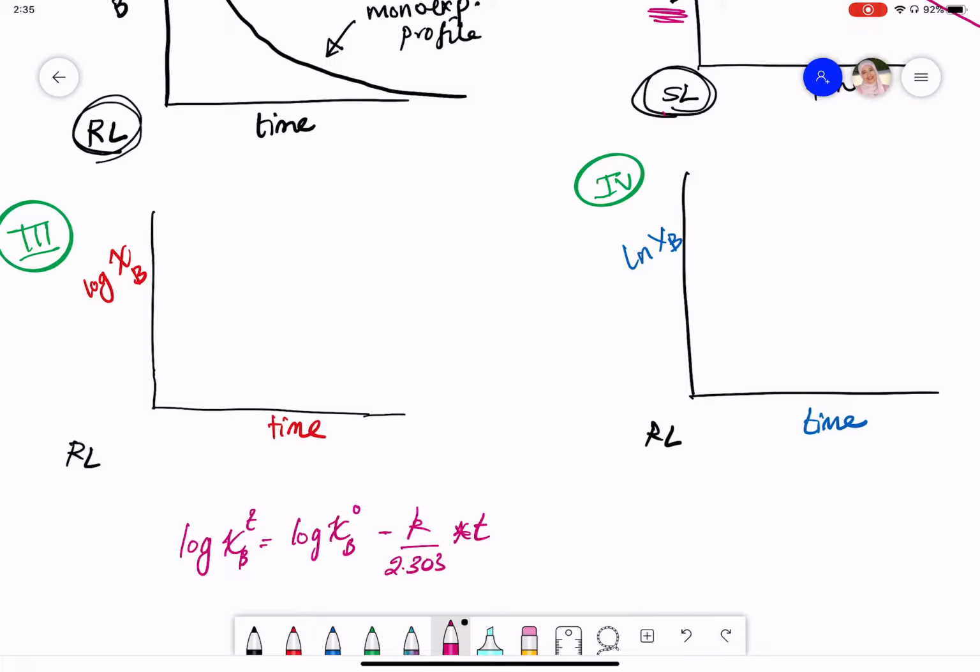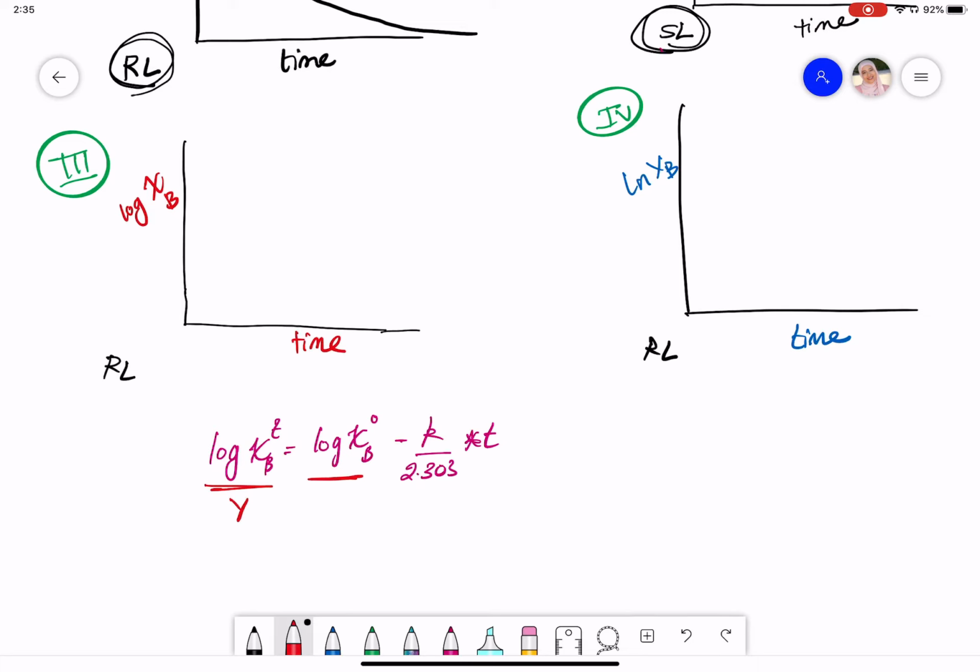Again, we have y, we have x, we have the coefficient of x, and we have b. So this is your equation. This is y, this is x, we have the slope, and we have the intercept.